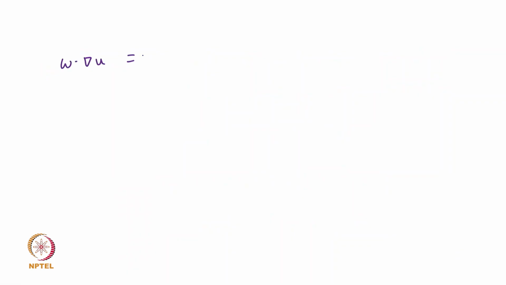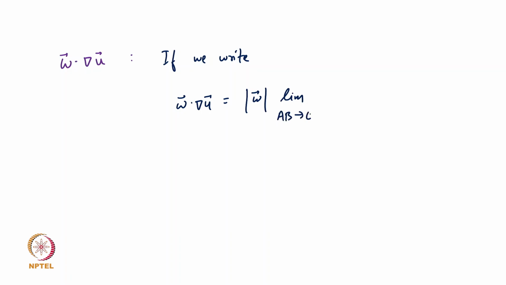Now this other term, omega dot del U. So this is a term that does not appear in the momentum equation, and hence this is something that we should discuss. So we write omega dot del U as omega, limit AB going to 0, I'll just tell you in a moment what is AB.